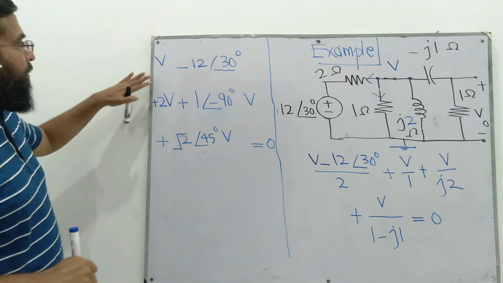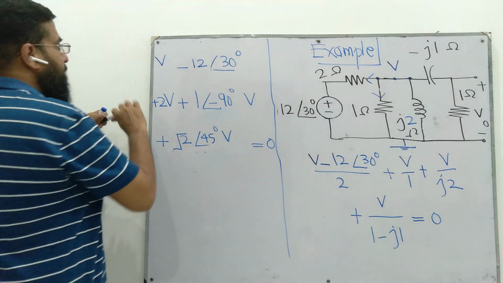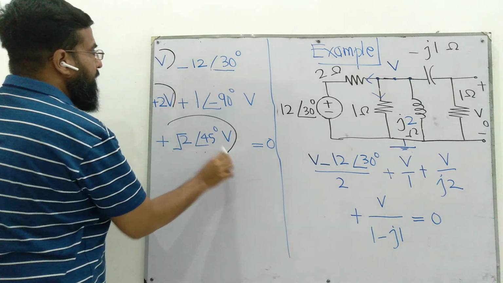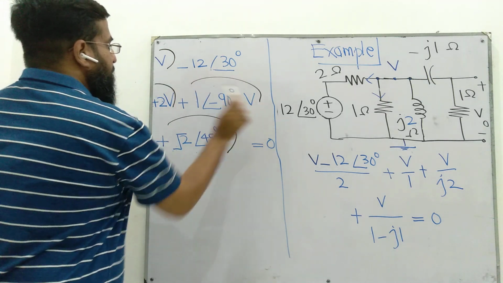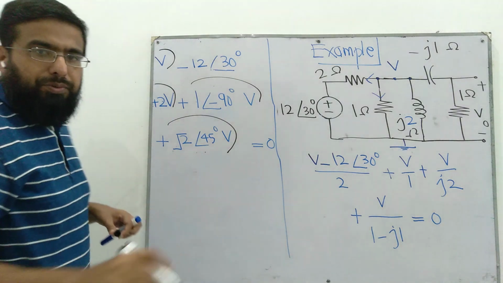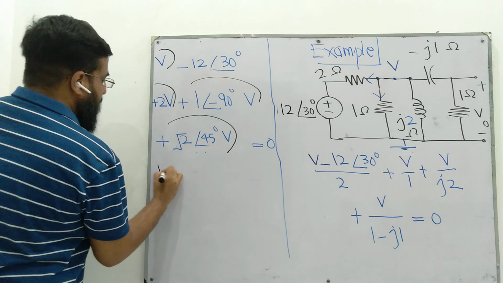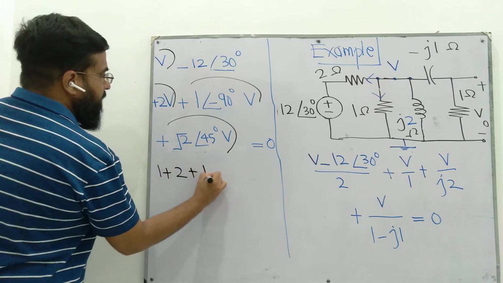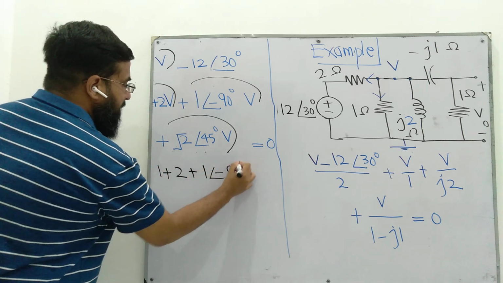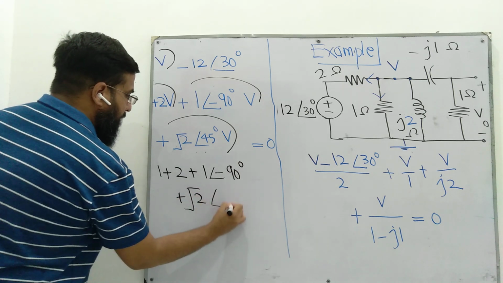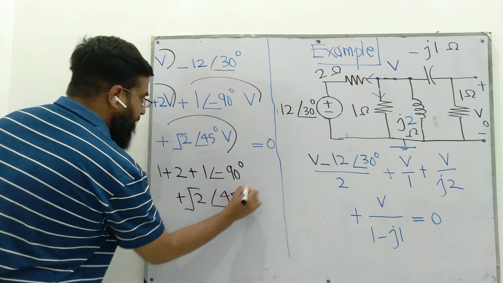Now we have four terms involving V. Collecting the coefficients of V, this is 1 plus 2 plus 1 at an angle of minus 90 degrees plus square root of 2 at an angle of 45.